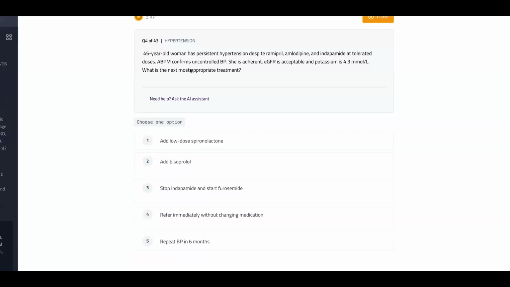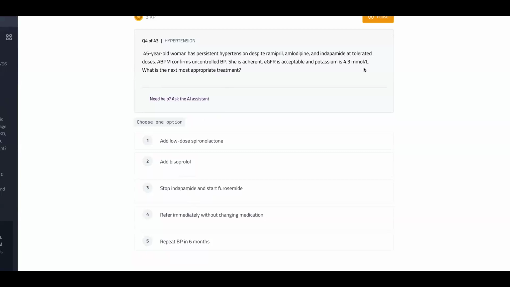Question 45. What is the most appropriate next step? Add, refer, stop. Persistent hypertension despite ramipril, amlodipine, and a diuretic. Uncontrolled. eGFR is acceptable.